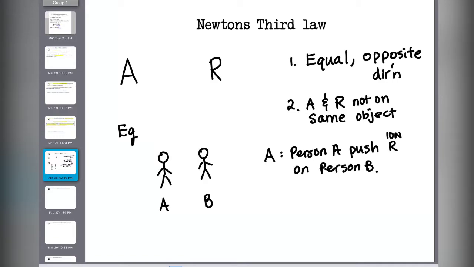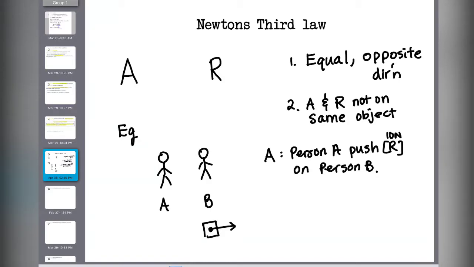Person A pushes 10 newtons to the right on person B, so it's acting on person B. If I draw a free body diagram for person B, I have this force going to the right that is 10 newtons from person A acting onto person B.